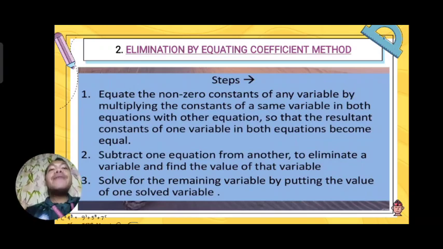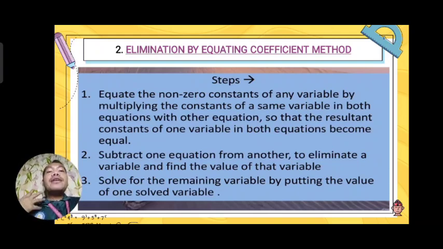We'll have the elimination by equating coefficient method. Steps, number 1, equate the non-zero constants of any variable by multiplying the constants of the same variable in both equations with the other equation so that the resultant constants of one variable in both equations become equal.